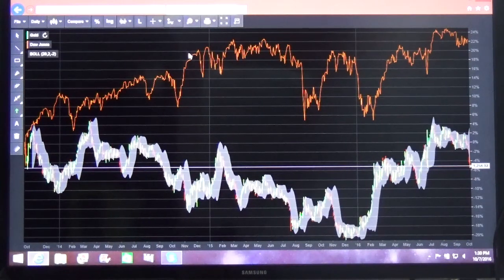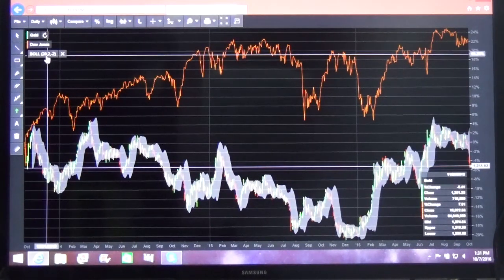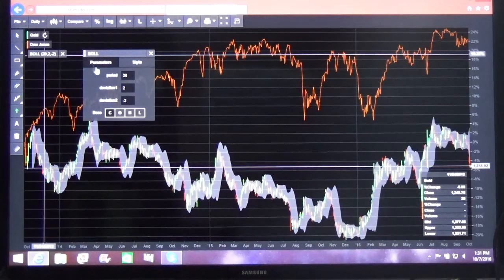Now what we are going to compare, let us change this to 2240.